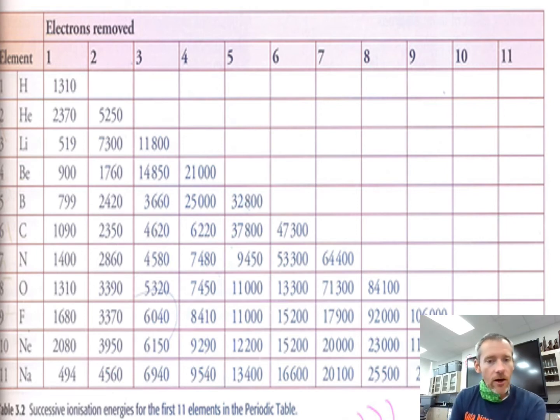So once it removes all its valence electrons, it takes a huge jump to remove its next electron. And you can see that with, let's say, oxygen. Oxygen has 6 valence electrons, so you look at the 6, and then go to your next one, big jump, 13,000 to 71,000. So again, we know that it lost all valence electrons at 6.